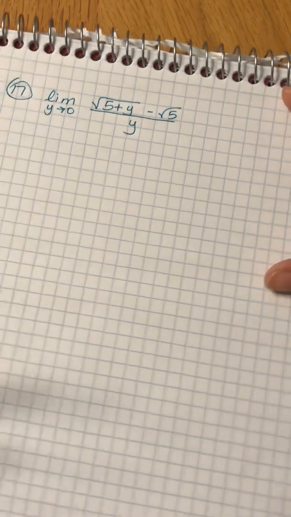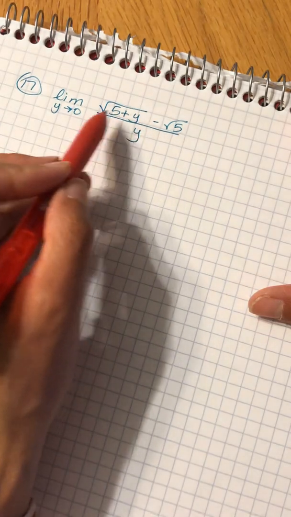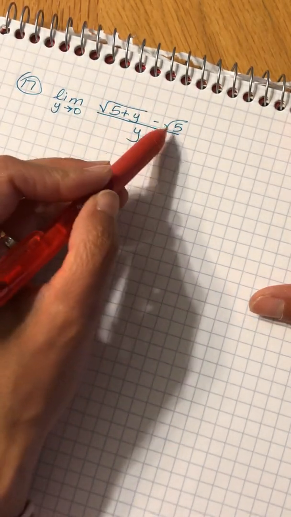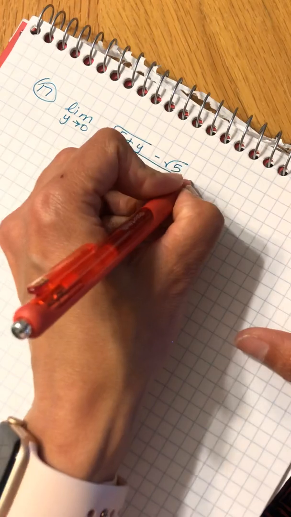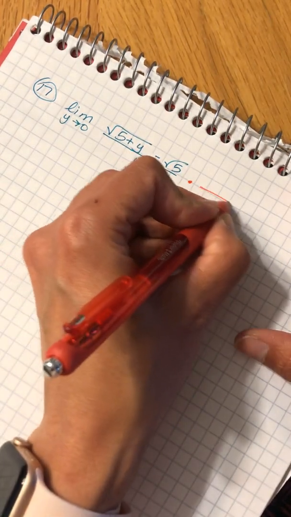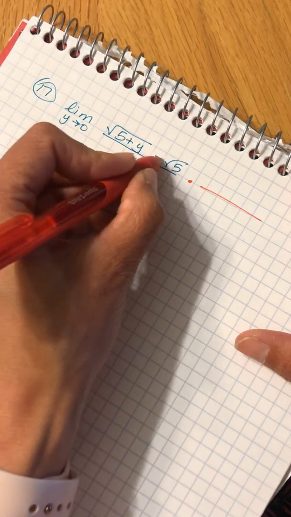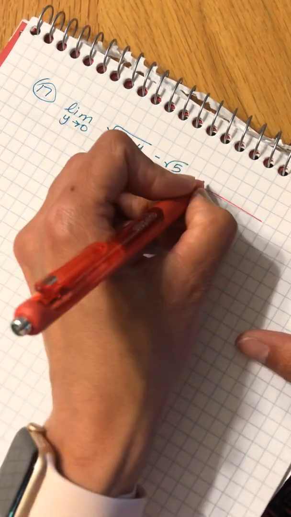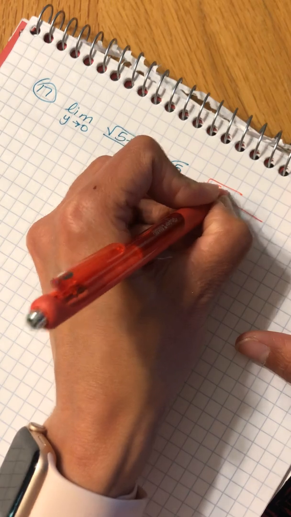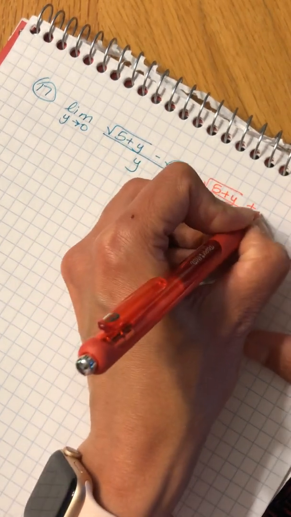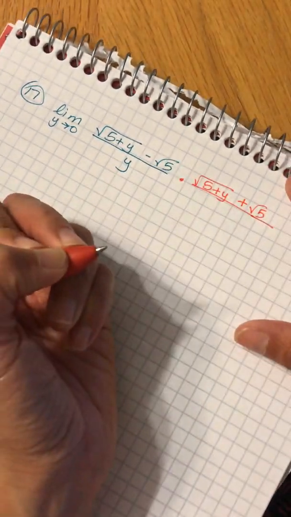Okay, so to reverse rationalize, we have to multiply the numerator and the denominator by the conjugate. So the conjugate of this would be the same stuff except for a plus in the middle instead of a minus in the middle. So square root of 5 plus y plus square root of 5.